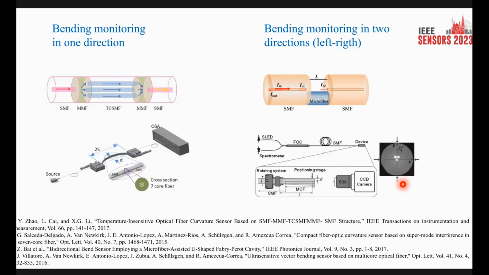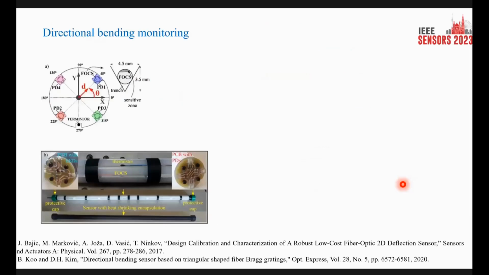So for directional bending, this bending in different directions, there are some examples as well. In the first one, we have 4 fibers placed around this tube. And then on one side, they have the optical source, the LEDs, and on the other side, they have the photodetectors. And looking at the attenuation in each and every fiber, they are able to identify the direction of the bending.